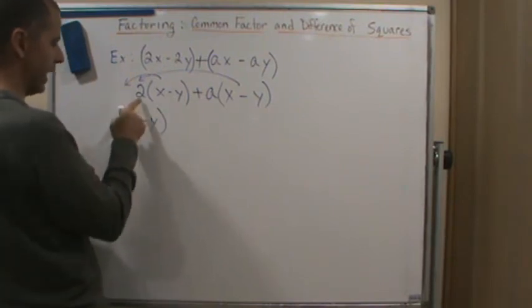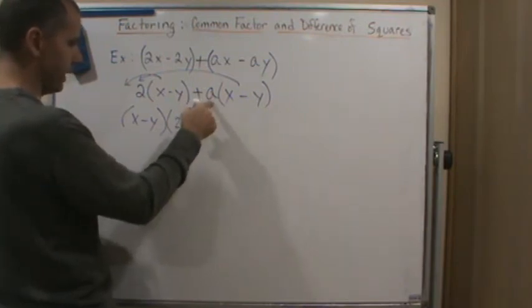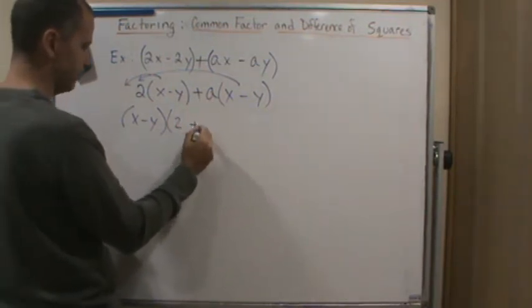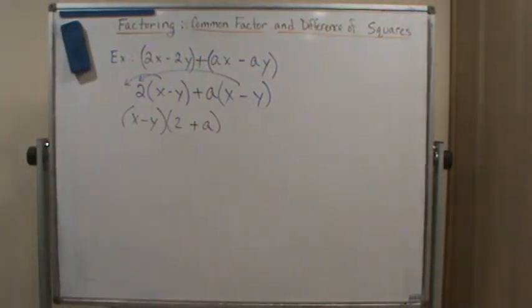And what does that leave behind? It leaves behind a 2, and it leaves behind an a. And there we go. It's that easy. Now, it doesn't always work, but it's worth a shot.